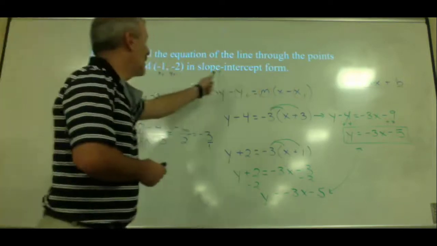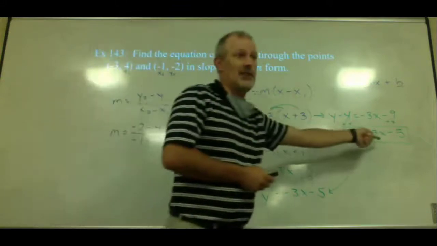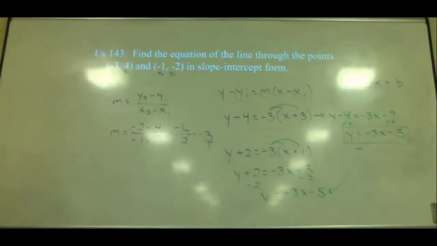So make sure you are careful with the directions. If they want slope intercept form, then it needs to look like this. If they just want point slope form, and again, the directions will say that, or if they don't specify, you should be able to put either one in. Okay. Does that make sense?